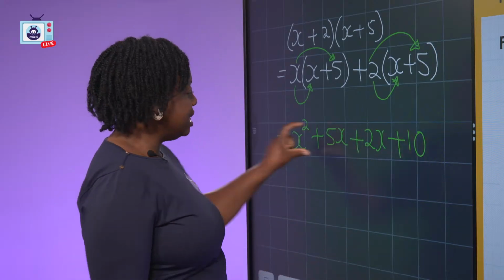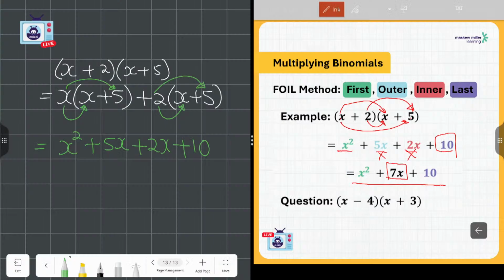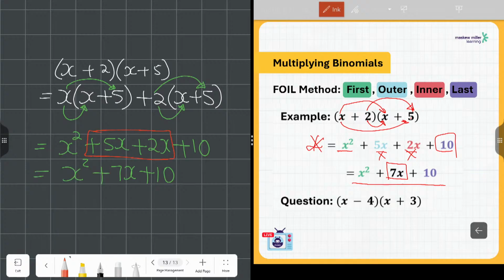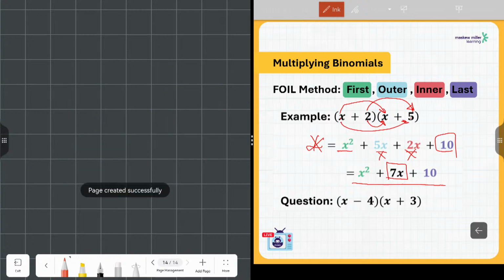Can you see that this statement is the same as the statement we got here? Right. So that means we're going to have x squared plus 7x plus 10, because we added our like terms together. Okay, so that's how we do it with that particular question.